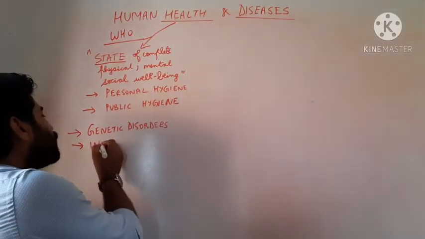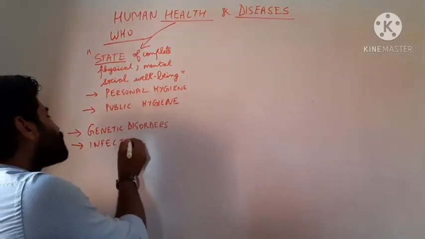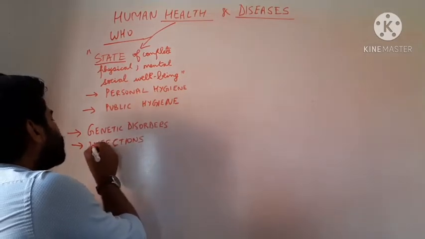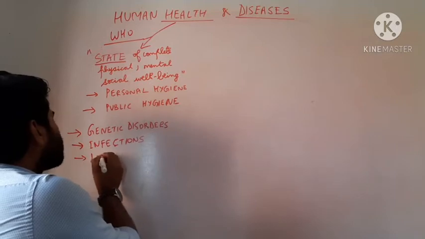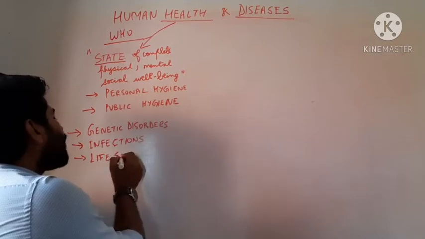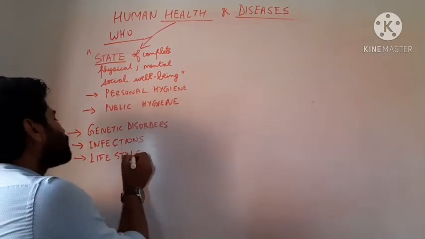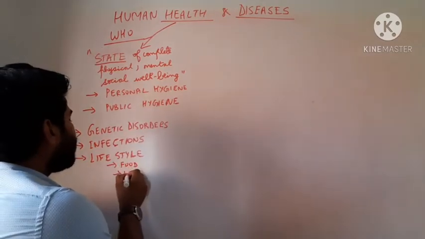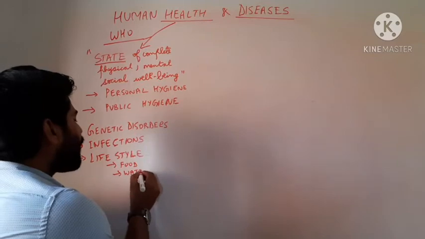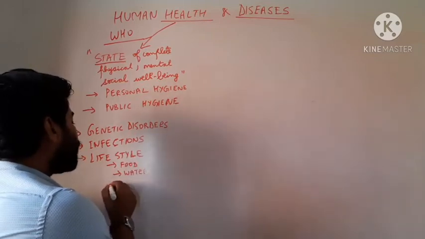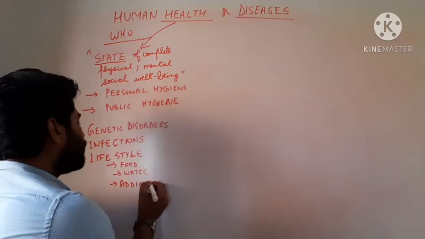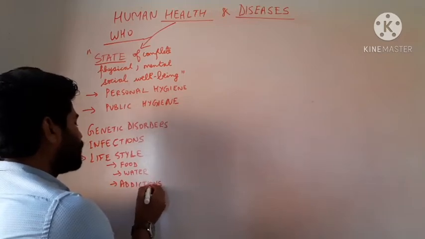Health is also affected by infections, and health is affected by one's lifestyle choices, that is the type of food they eat, whether they have access to clean drinking water, and whether they have some kind of addictions.